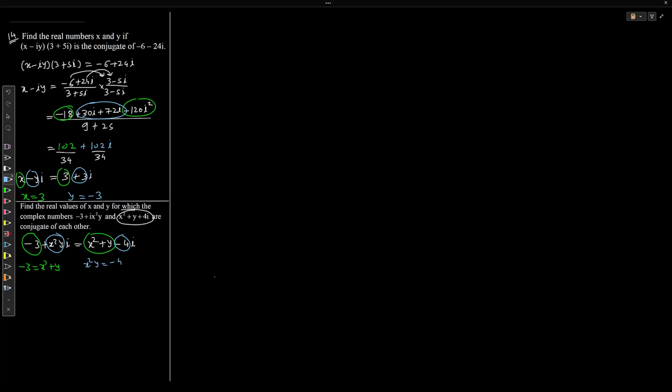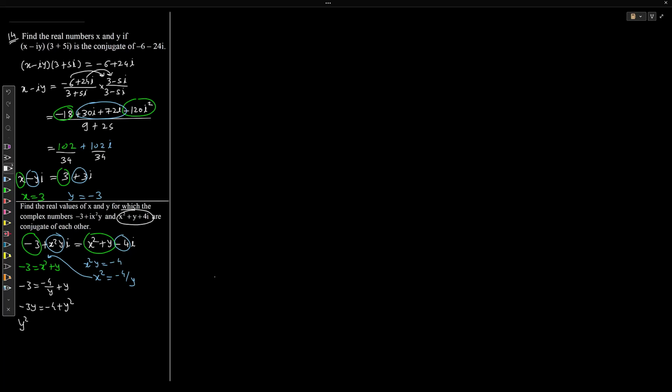Make any one of them the subject. Let's make x square the subject. So we'll get minus 4 by y. Substitute over here. We will get minus 3 is equal to minus 4 by y plus y. Take LCM. Minus 3y is equal to minus 4 plus y square.